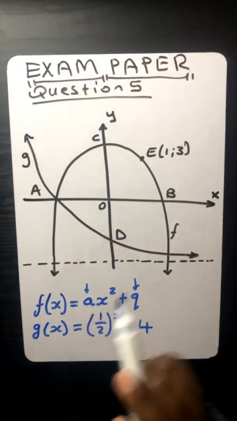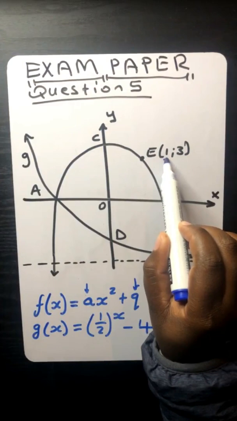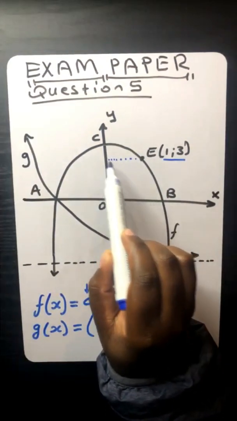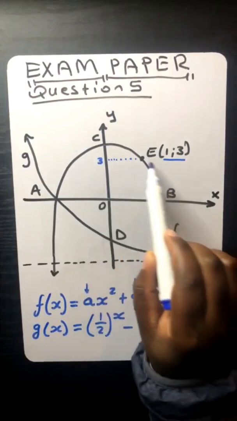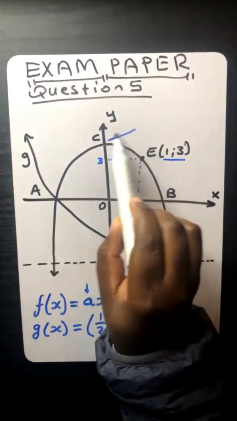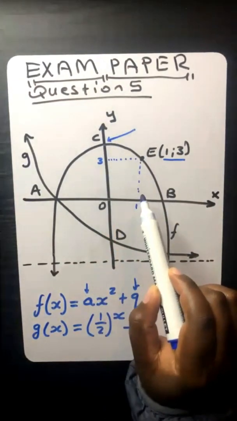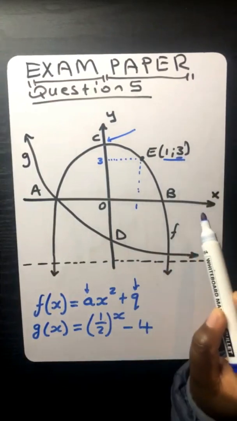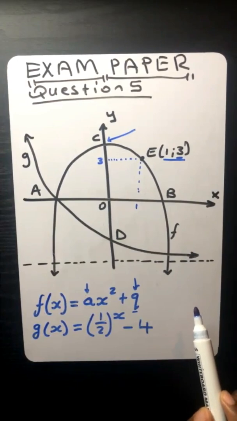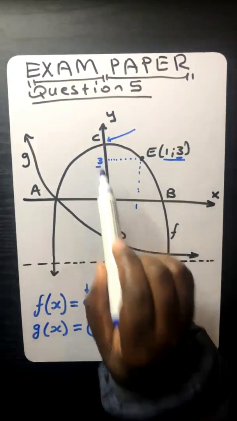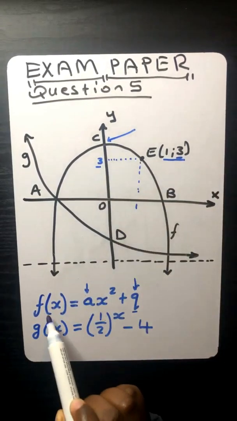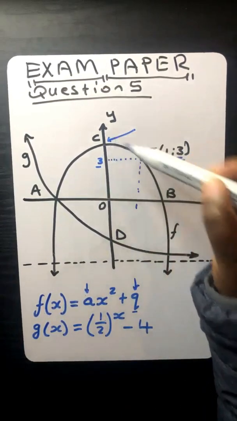But one thing for sure, we notice that we've got a point E which has the coordinates where the y coordinate is 3 and the x coordinate is 1. That means the turning point over there has to be above 3. So if they say calculate the Q value and you get a number which is less than 3, just know you made a mistake, because the turning point of that function is actually above 3.